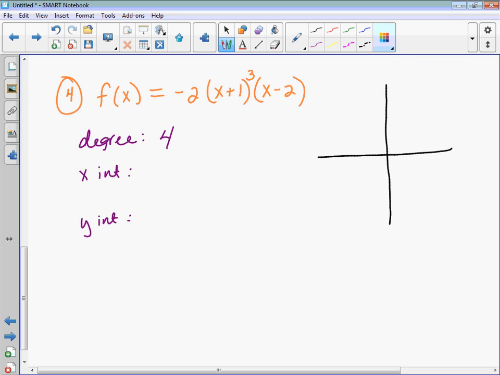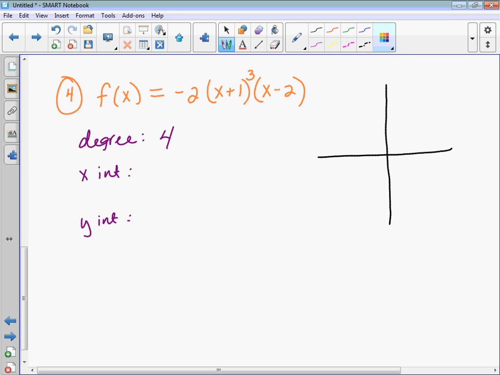The y-intercept is manageable. And guys, it's good to plot that y-intercept before you start actually graphing the line, because you'll figure out if your end behavior is wrong or if you're doing a multiplicity wrong. You're not going to be able to go through that y-intercept without making up an extra x-intercept. So it's just a way to check to make sure you're doing it right.